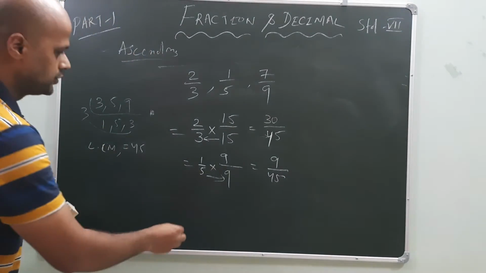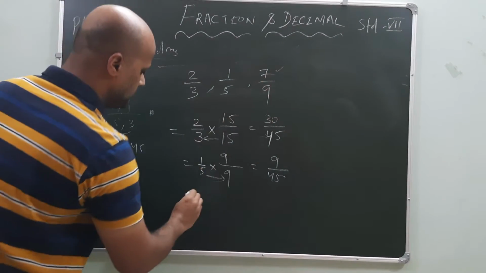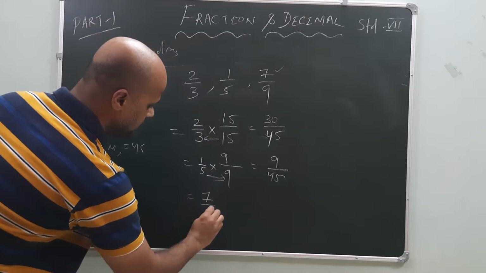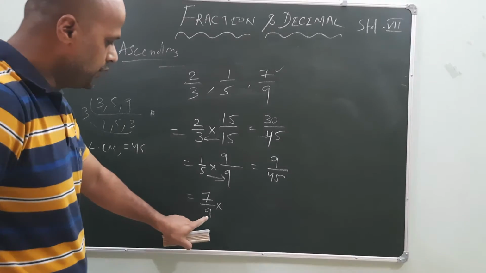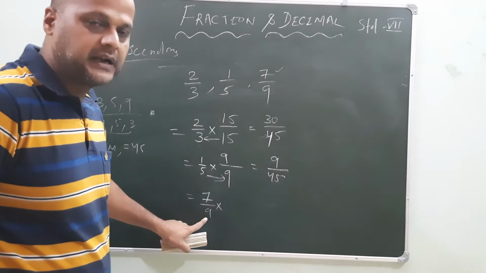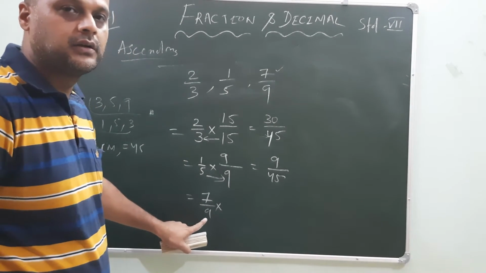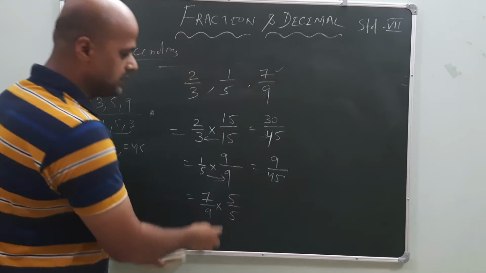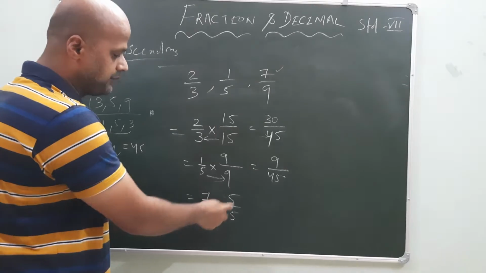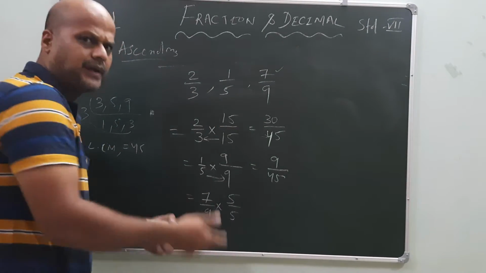Okay. So next one is what? 7 by 9. 7 by 9 into 1 is there. Now check it. With the 9, what should I multiply? The LCM will come as 45. 9 times 5 is 45. So 5 by 5. If I make the numerator 5 and denominator 5, then cancel, 1 will come, and the same 7 by 9 will come.